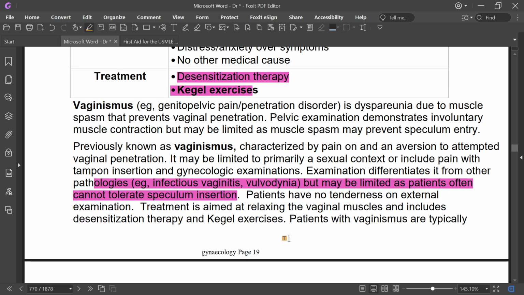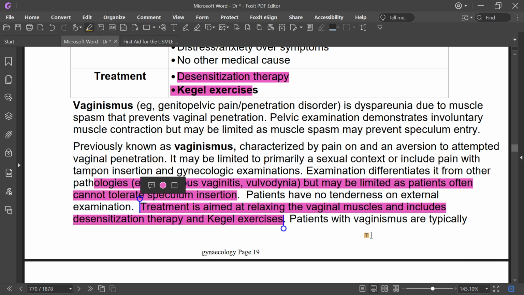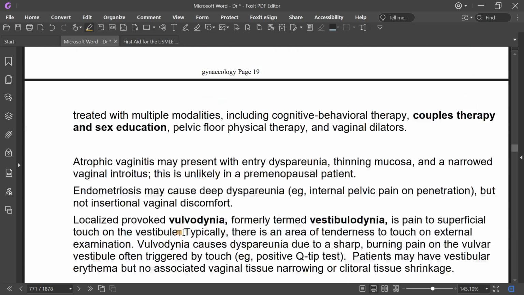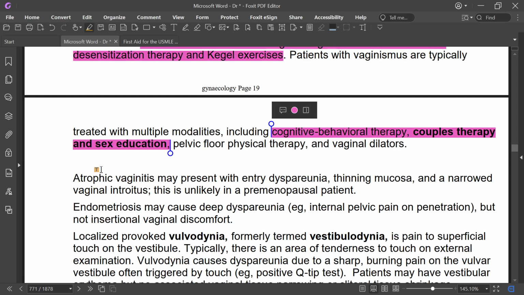Treatment is aimed at relaxation of vaginal muscles with desensitization therapy. Patients with vaginismus are treated with multiple modalities including CBT, couple therapy and sex education, pelvic floor physical therapy, and vaginal dilators.